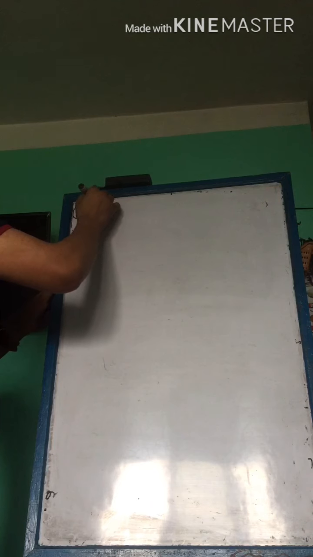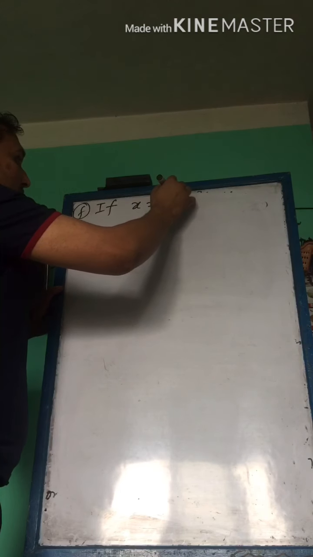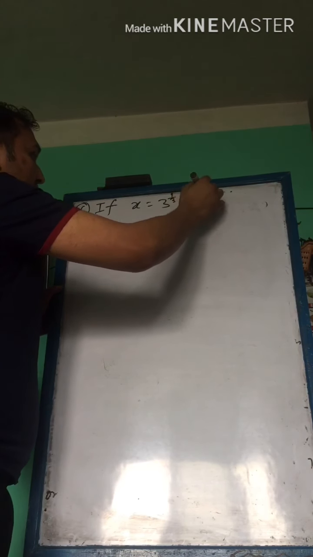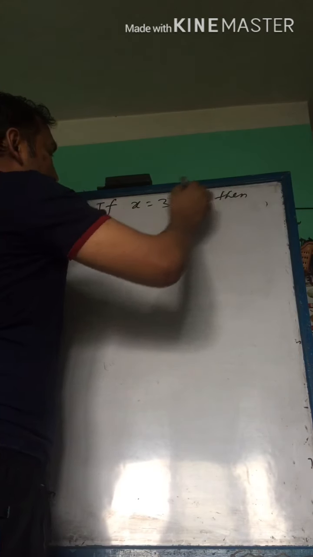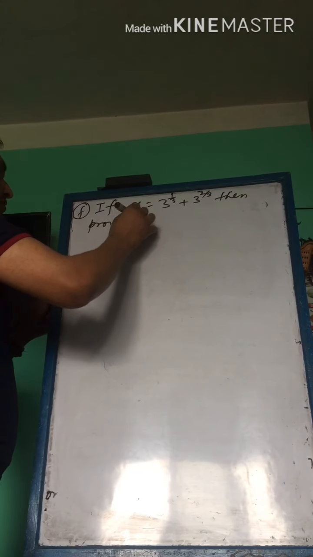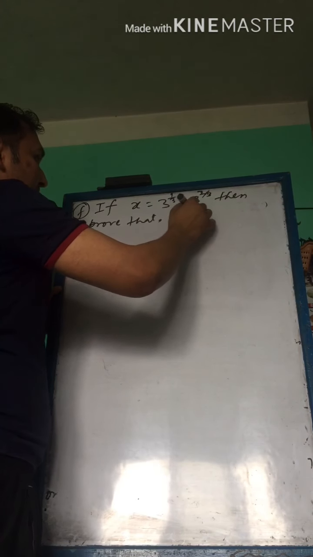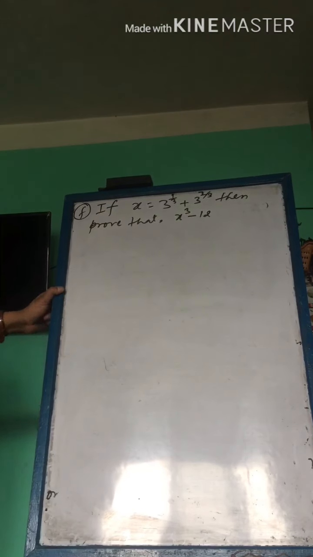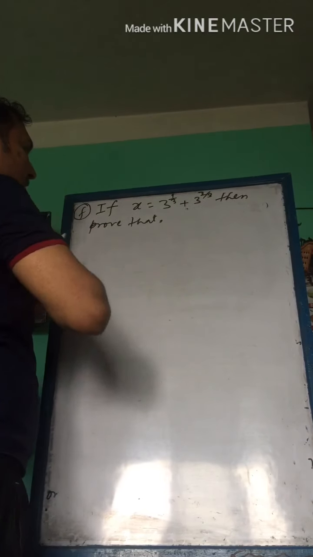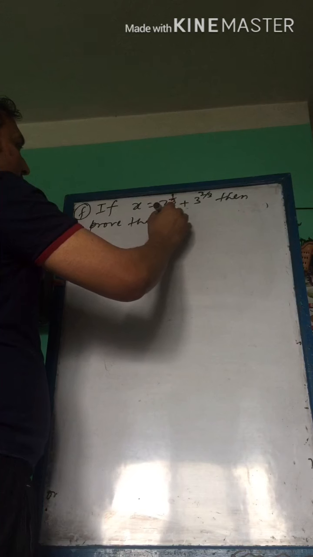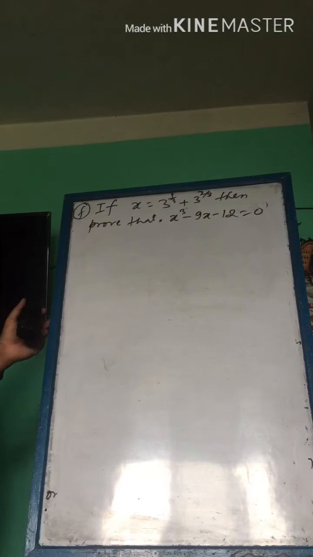A conditional question: if x equals 3 to the power 1 upon 3 plus 3 to the power 2 upon 3, then prove that, or show that it may also be, prove that x cube minus 9x minus 12 equals 0.